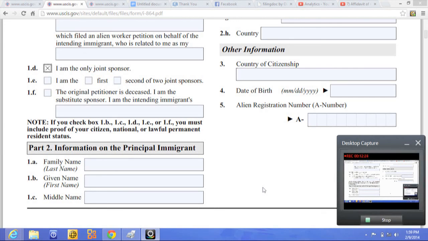Okay, now I'm working on one website where I will work with you step by step. That means I will be filling out the form and you will see it step by step. I'm going to fill the form with you, and I'm also going to provide you information on what documents you will include. Understand, this video is not enough, because that example was for a sponsor, and the sponsor needs to be a resident or a citizen.